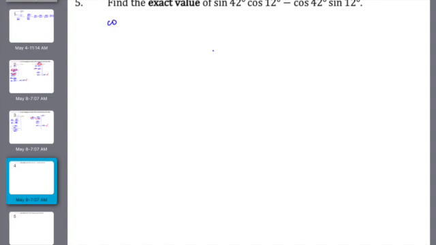The formula they're using here says sine of x minus y is equal to sine of x times cosine of y minus cosine of x times sine of y.